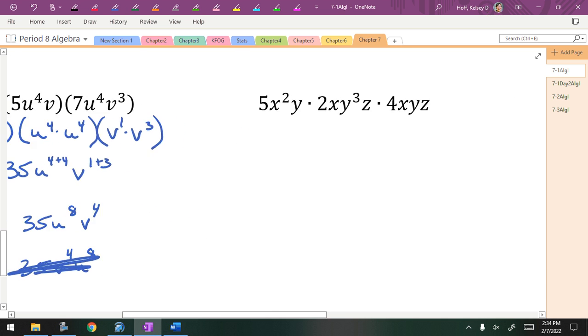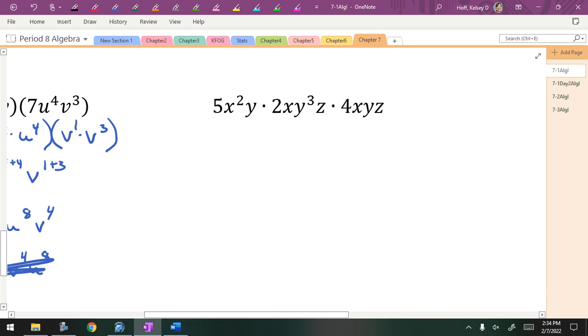So all three of those had two sets of parentheses next to each other. We knew they're multiplying. What in this next problem signifies that we're multiplying? The dot, okay? So now it's not just two monomials. Now we have multiple. It doesn't change it. What are your coefficients? 5 times 2 times 4.